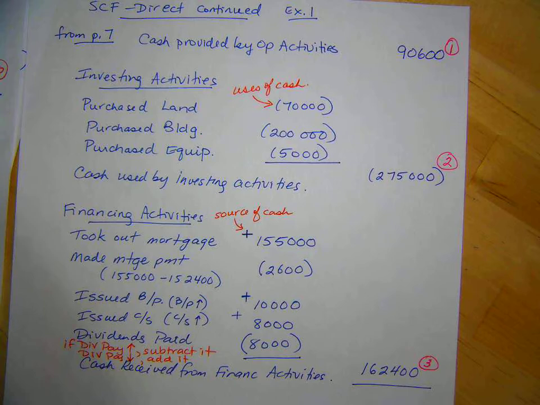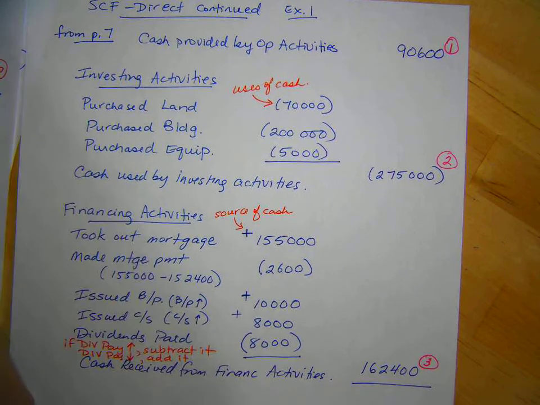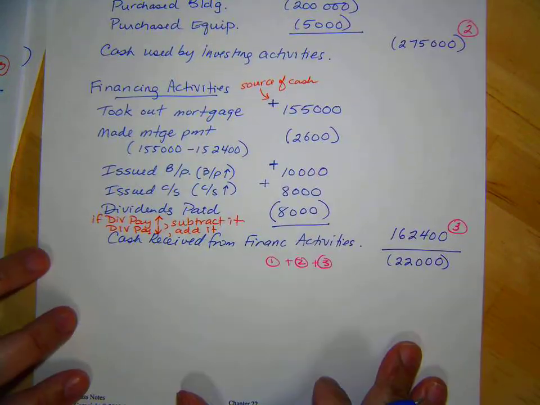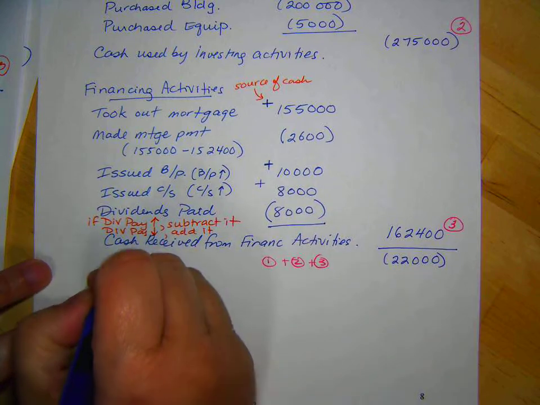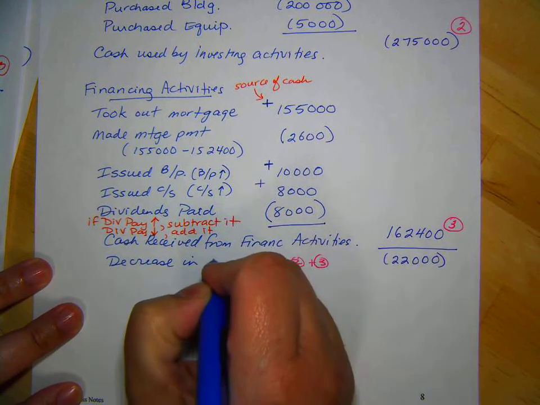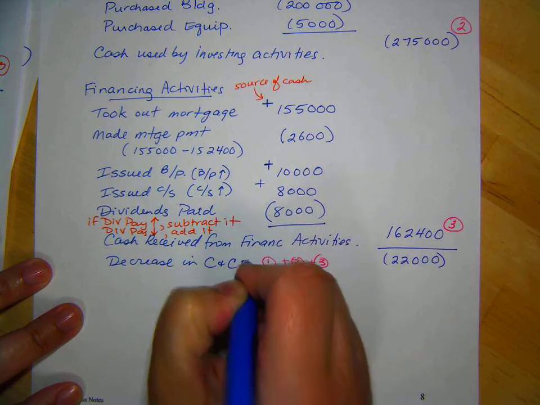So sum those together. So 1 plus 2 plus 3 to get 22,000, and it's negative. Sorry, should have moved that up. And that'll be a decrease in cash. Technically cash and cash equivalents.